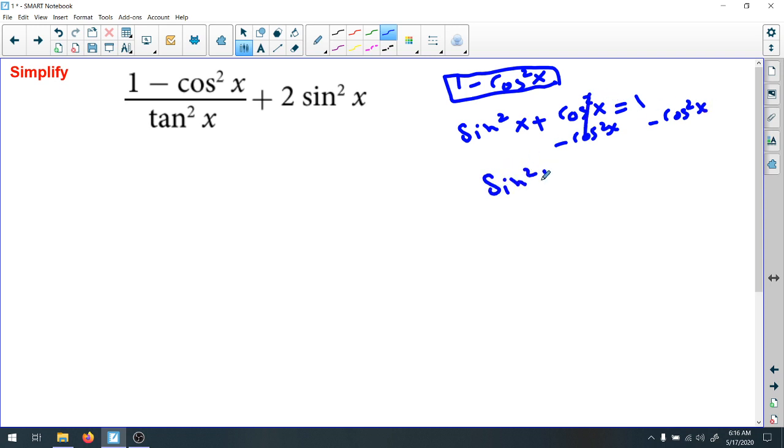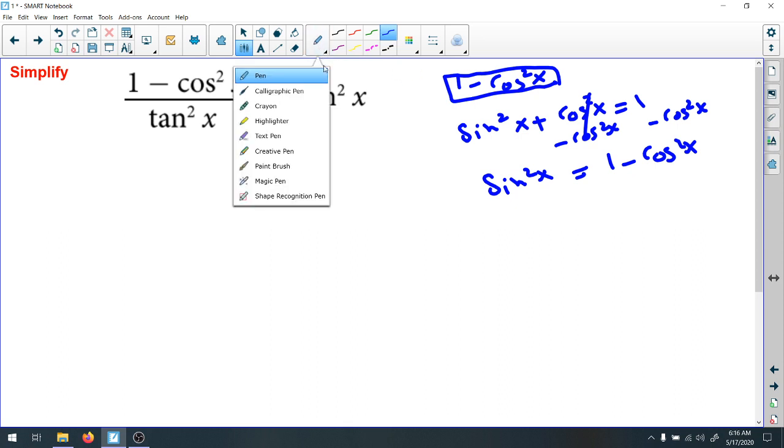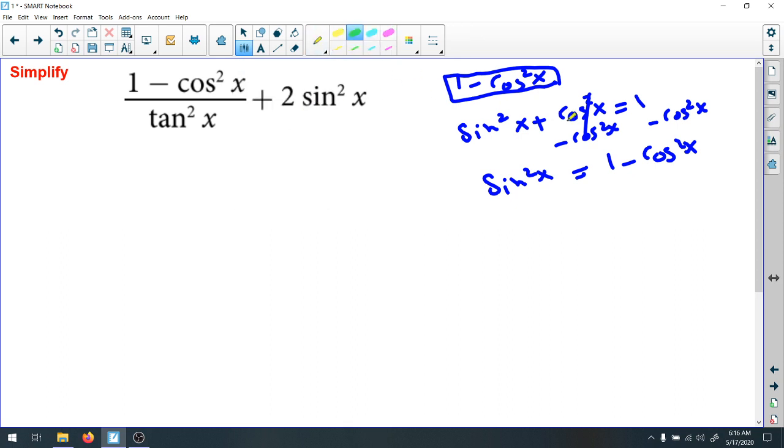Sine square equals 1 minus cosine square. So when you see 1 minus cosine square, just replace it with sine square. Let's do that here.